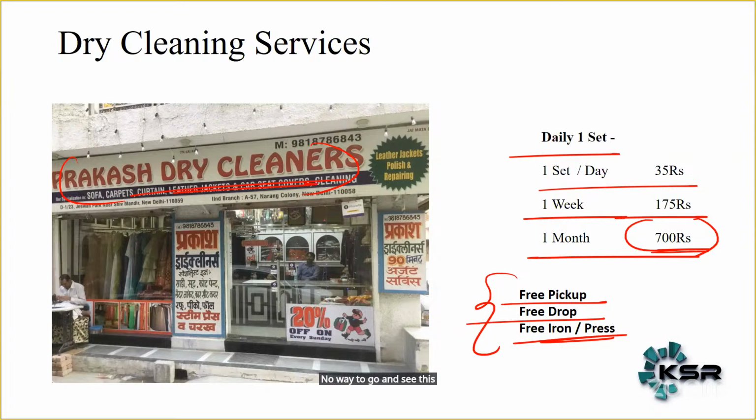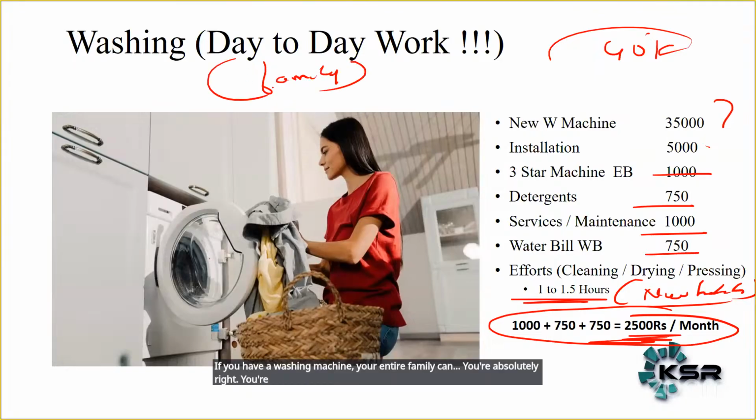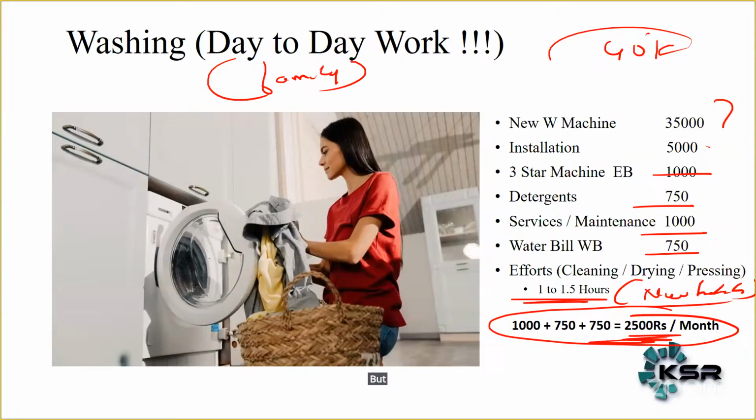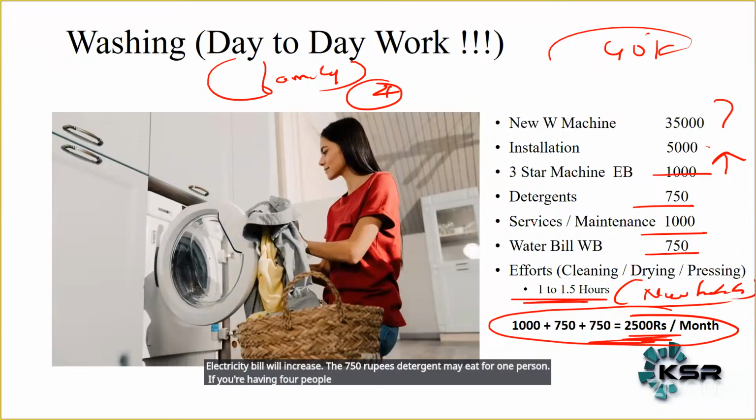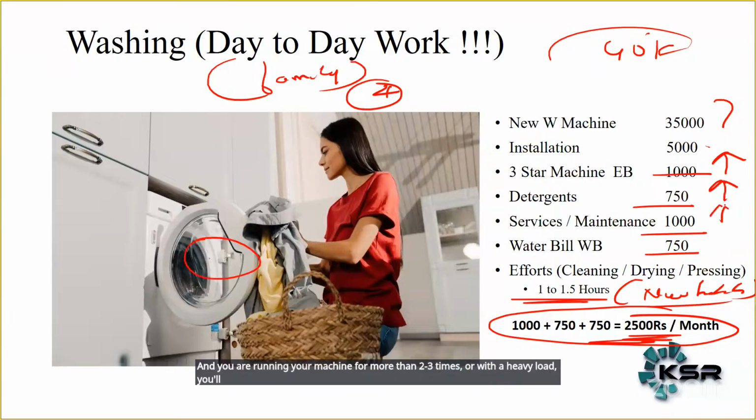Now, you guys can argue. If you have a washing machine, your entire family can use it. You're absolutely right. But for your entire family, this will not be the cost. Electricity bill will increase. The 750 rupees detergent may be for one person. If you're having 4 people, the number of times that you wash, detergents will be more. And if you're running your machine 2-3 times or with a heavy load, you'll end up paying more maintenance.